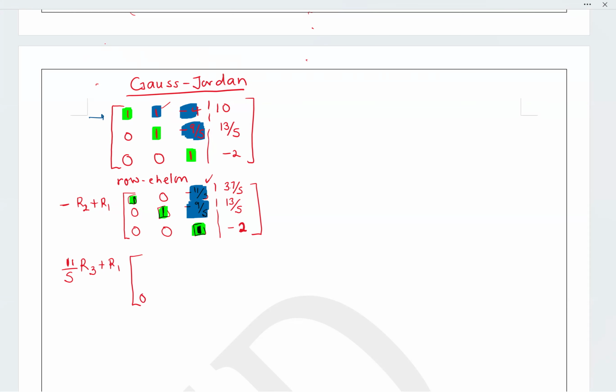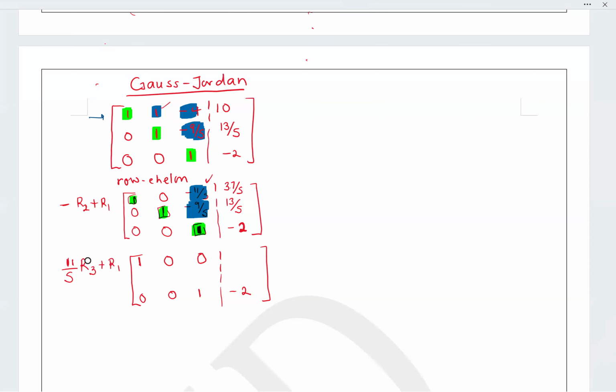So this is 0, 0, 1. And this is minus 2, right? So this is going to be 11 over 5 times 0 is 0 plus 1. So this is still 1, right? Then 11 over 5 times 0 is 0 plus 0, still going to be 0. 11 over 5 times 1 is 11 over 5 plus minus 11 over 5.